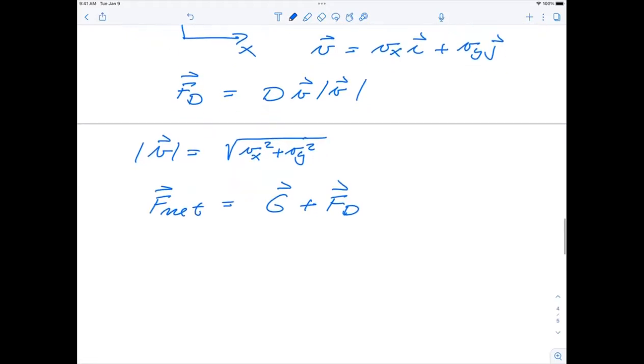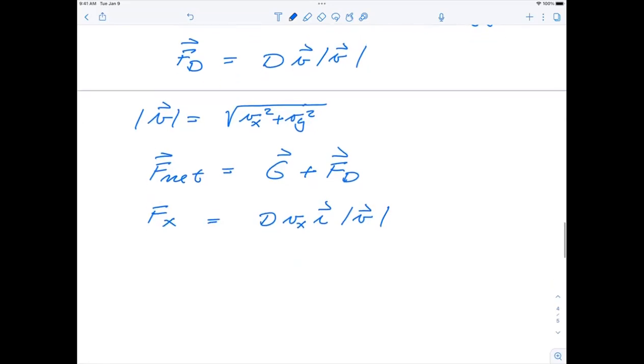And if we now write the force out, we have to be a little bit careful because we will have a force in the x direction and one in the y direction. So if we now look at the force in the x direction, that is definitely going to be given by, if we have this specific term, a d times v of x multiplied with the absolute value of v. So that would be the force in the x direction.